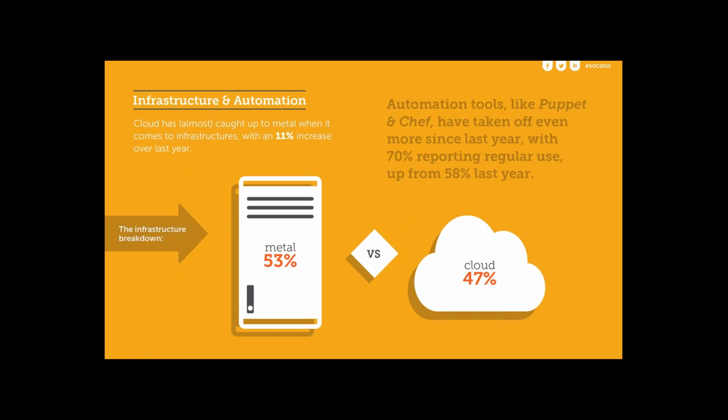I think a lot of this is a combination of both, in terms of co-located types of facilities. And as you can imagine, tools like Puppet and Chef have continued to take off. This has a lot to do with automation as a key tenet of DevOps, but it also has a lot to do with the kind of infrastructure that you're using. So 70% reported using automation tools, which was up from 58% last year.